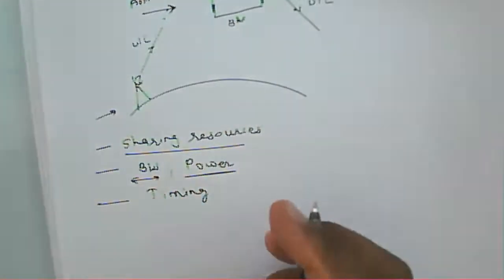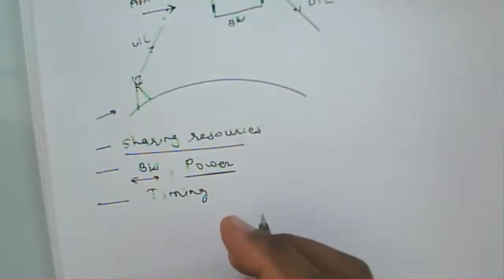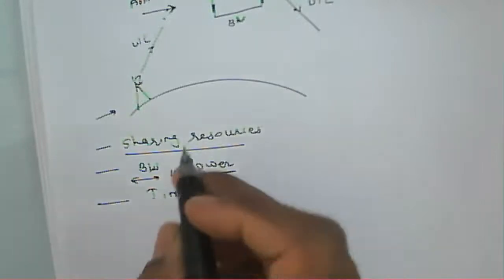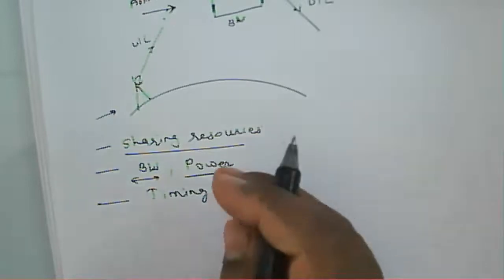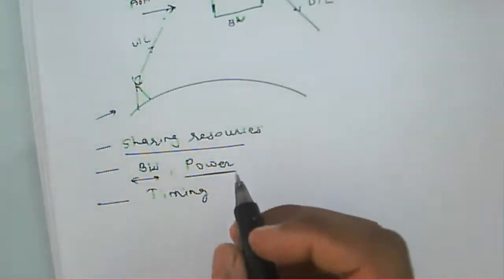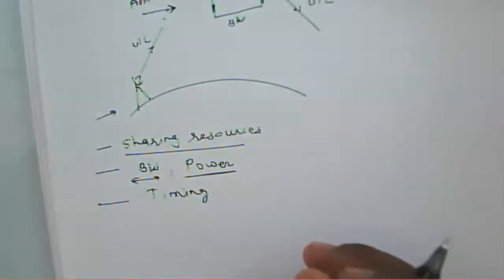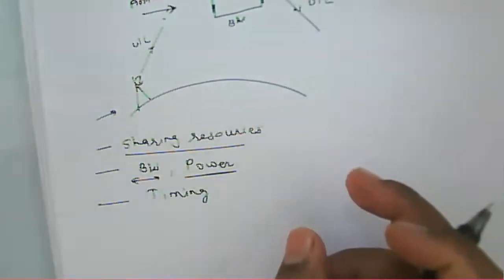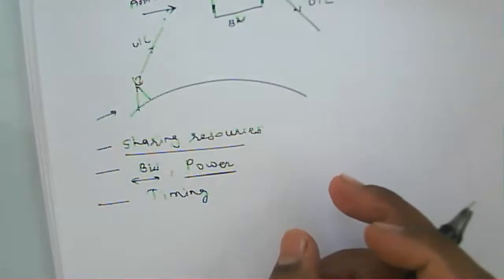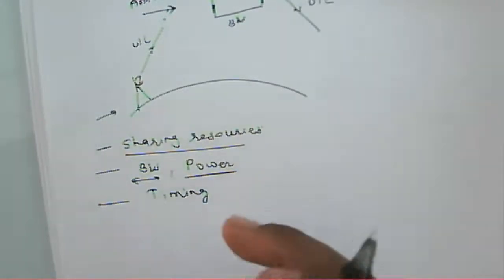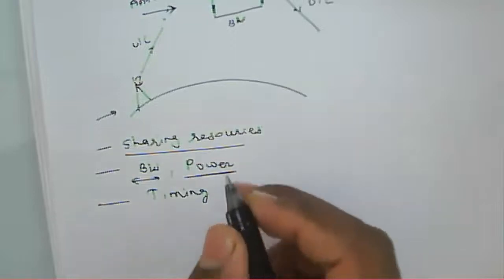A time is allocated for each and every channel, and according to that they can use that particular band and transmit. For a particular period of time they will use the resources.